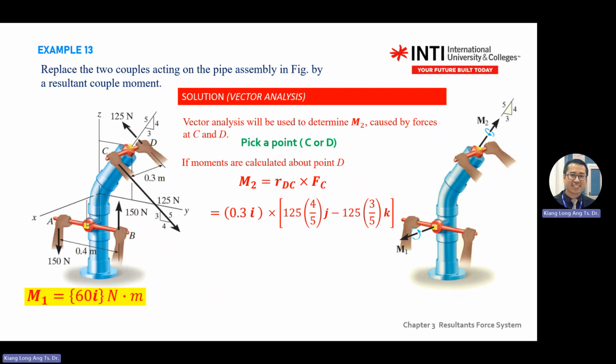you need to split the forces. This one, forces, you need to write in unit vector form, like that one I wrote on the whiteboard there. F equal to magnitude of force and the direction of forces. So the force magnitude will be 125, but it has direction.